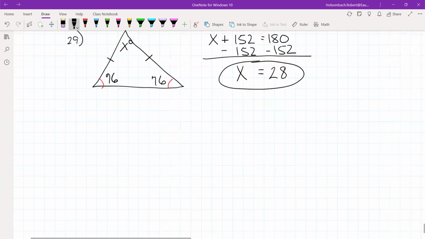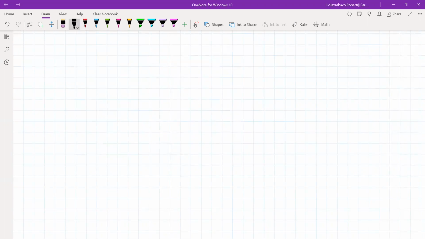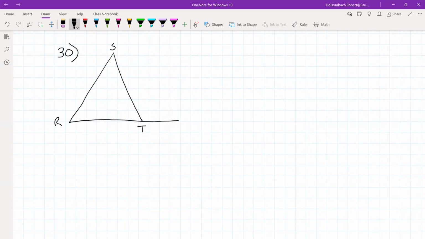All right, number 30. We got triangle RST, point U. We're told that RS is congruent to ST. That angle RST, that would be this vertex angle up top, is 6x minus 44.